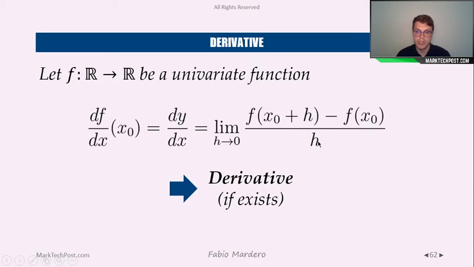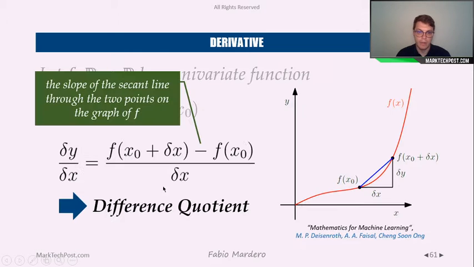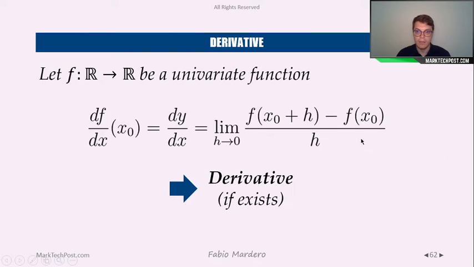In fact, this h is the result of x0 plus h minus x0. So again, we are dividing the delta of the y's by the delta of the x's, but here we are taking the limit. We are going closer and closer to x0 and its image f of x0. The derivative exists only if the limit exists.